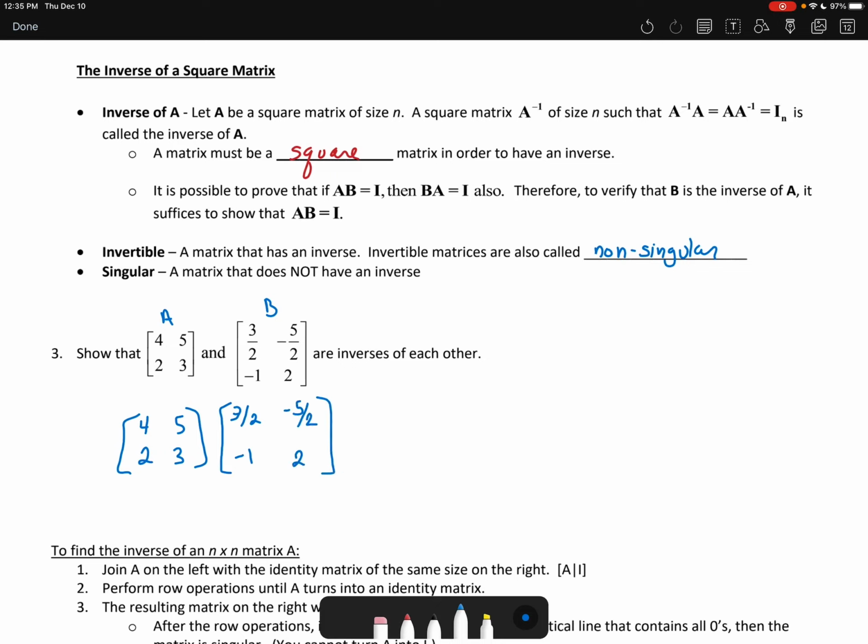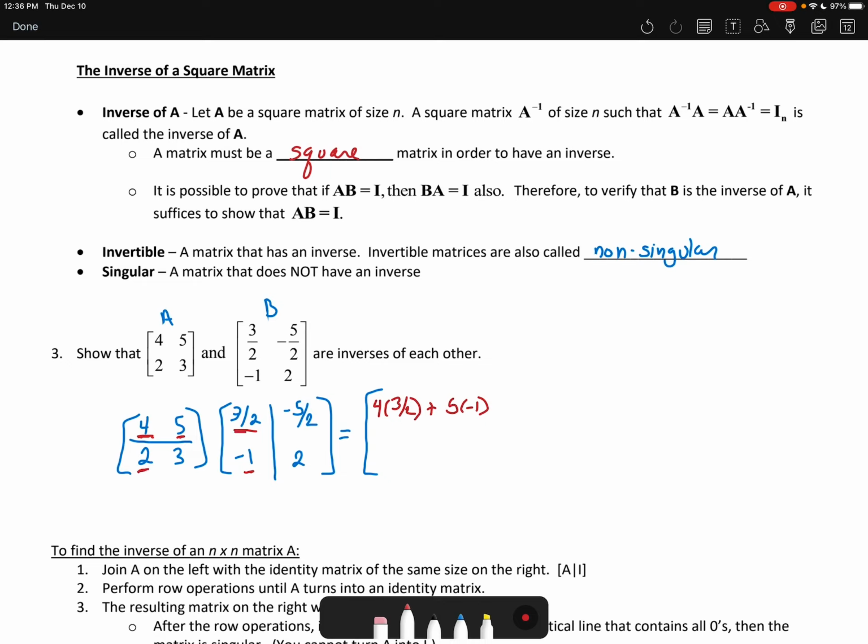So we're looking to get 1, 0, 0, 1 back when we do this. Okay, so I'm going again across and down. So I'm taking 4 times 3 halves and adding that to 5 times negative 1 for my first entry.